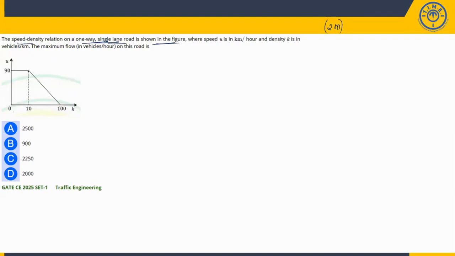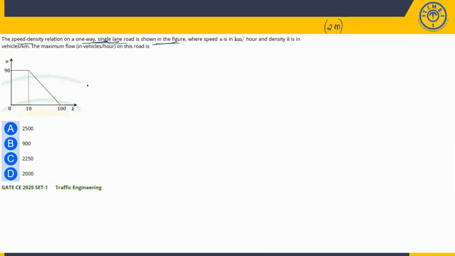So the speed density relation is a straight line up to some distance and then a downward inclined straight line. It is in the form of a triangle. For this, he is asking us the maximum flow on this road.